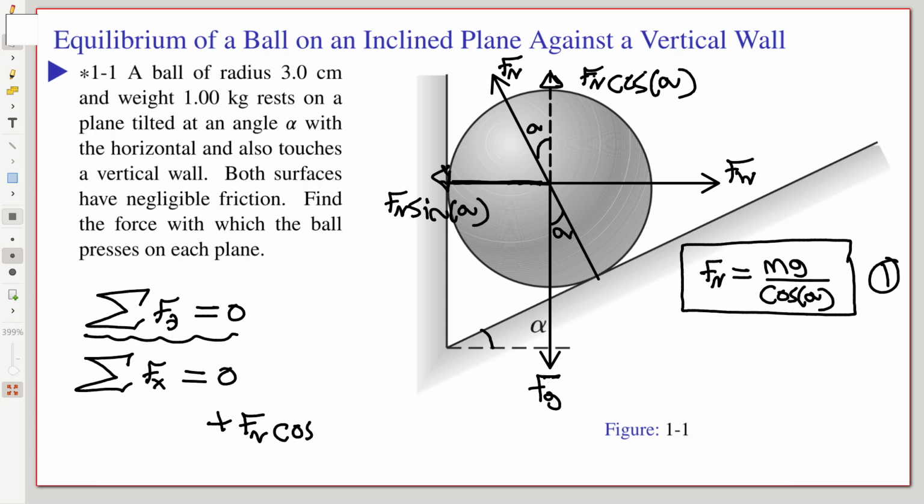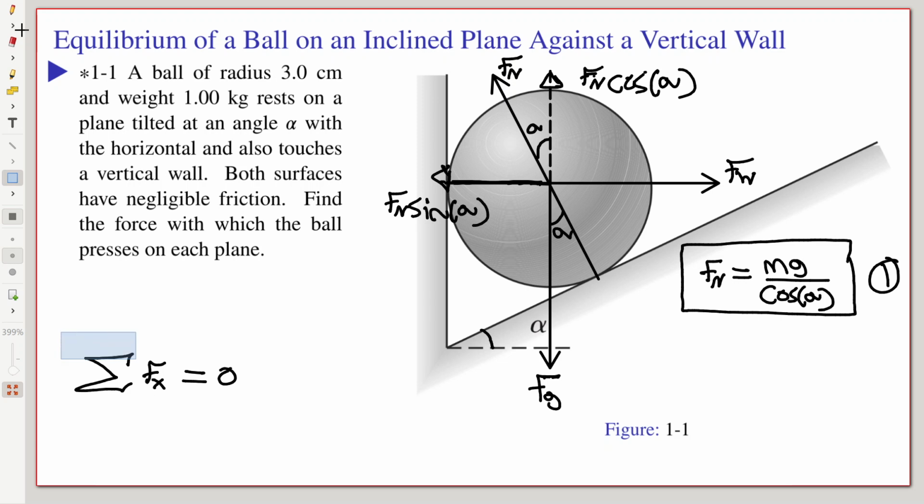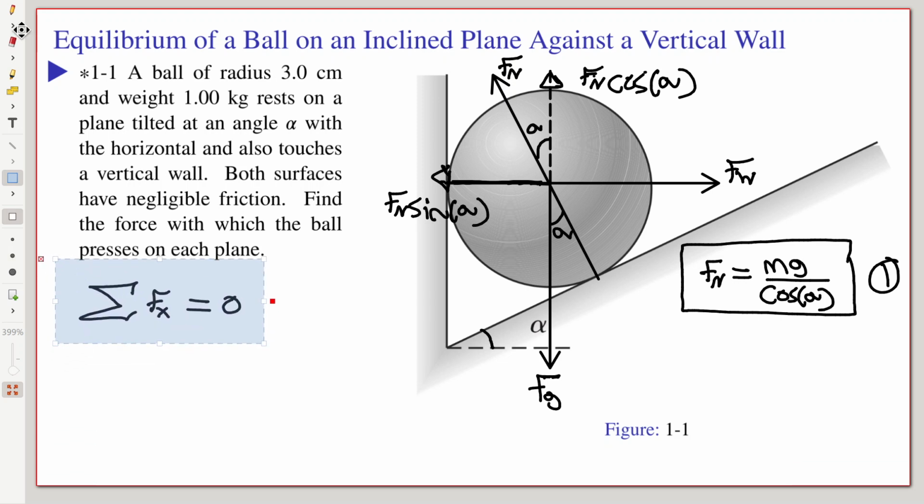Now let me delete this and go back to the x component. For the x component, it's trivially easy to find. We are assuming that right is the positive x-axis, up is the positive y-axis, down is the negative y-axis, and left is the negative x-axis. This is our coordinate system.